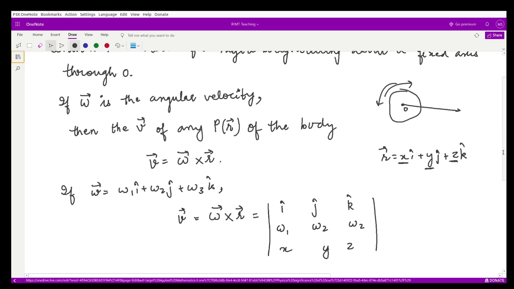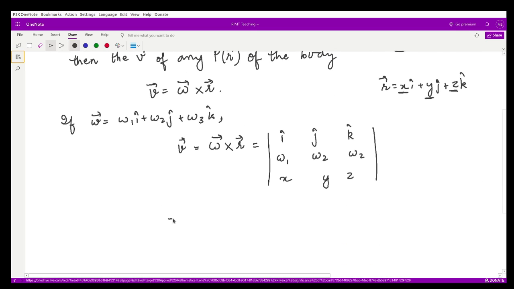When you compute this determinant, with i cap you have omega 2 into z minus y into omega 3, so this is omega 2 z minus omega 3 y.